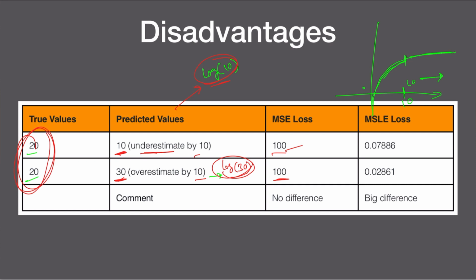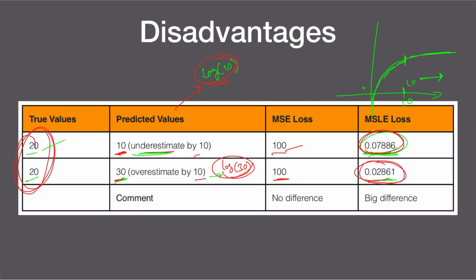That is the reason that if you take 10 or less than 10, smaller values, which are usually underestimates, your MSLE will be higher. Whereas if you have larger values, your MSLE will be less. So when you take the difference, you don't directly take log of 10 is this, log of 30 is this. No. When you take the difference, log of 20 minus log of 10, that becomes this, and log of 30 minus log of 20, that becomes this.